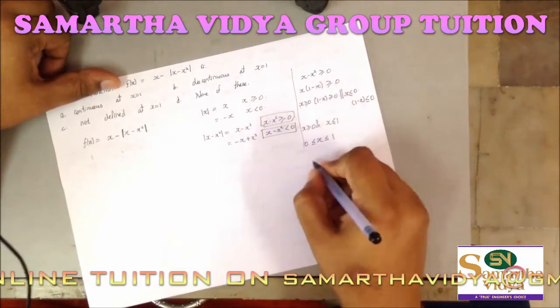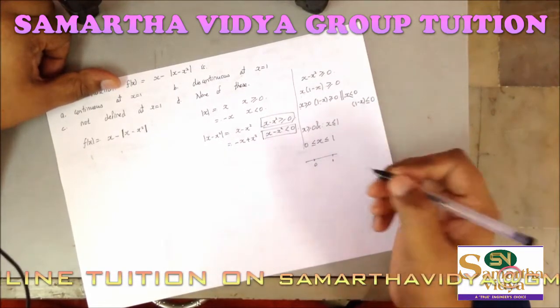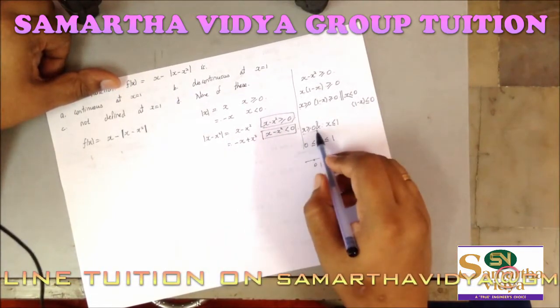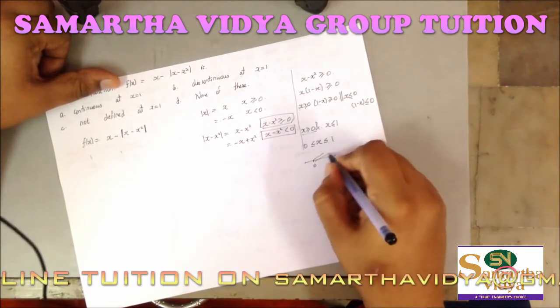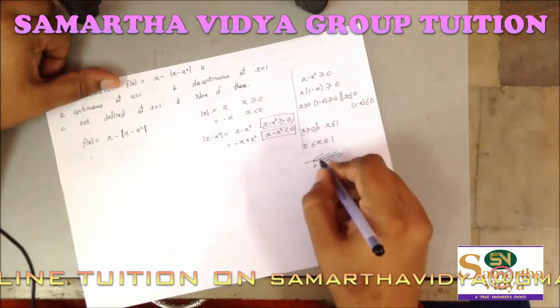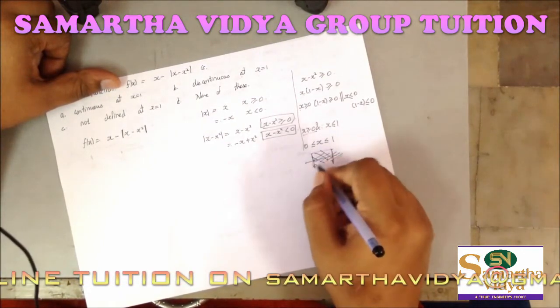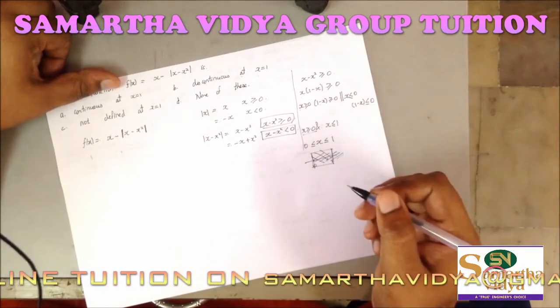To understand the common region, again we draw a number line. We have a 0 and we have a 1. From here we are getting x is greater than 0, that means this region. Here we have x is less than 1, meaning this region. So you can see the common shaded region is between 0 and 1.